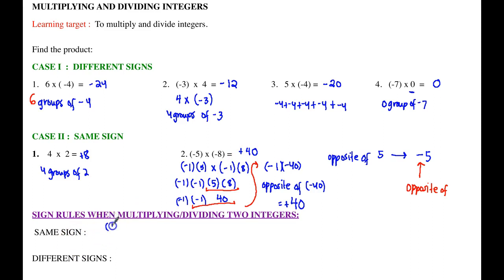A positive times a positive, the answer would be positive. Same thing, a negative times a negative, the answer would still be positive. Okay, so remember, same sign. Positive times positive is positive. Negative times a negative is positive. It doesn't matter what sign, as long as they're the same, it's going to be positive.